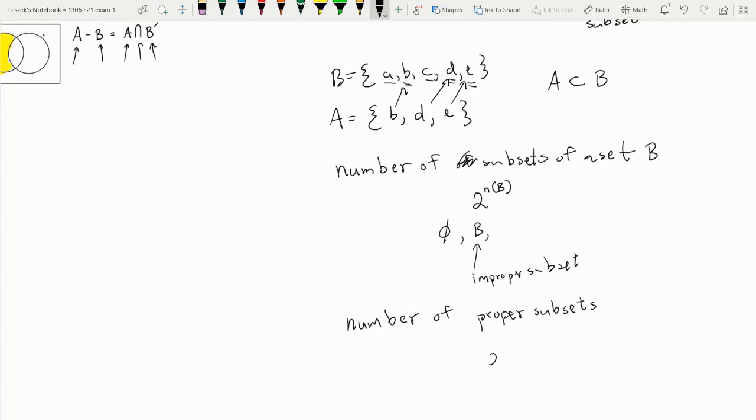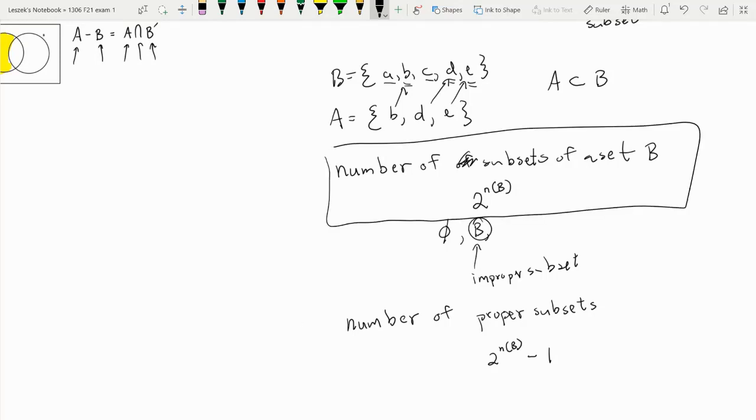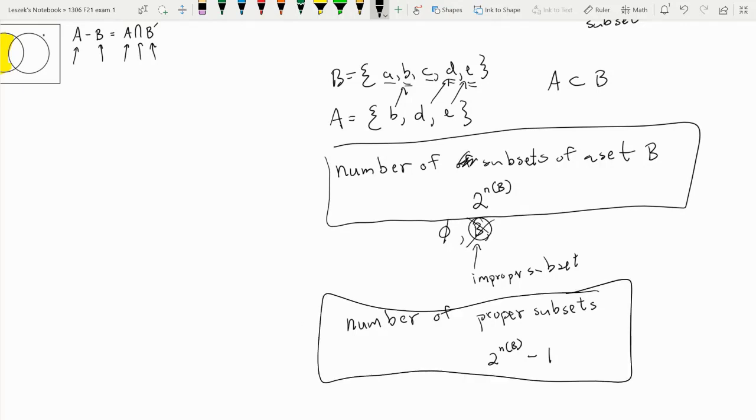So the number of proper subsets is exactly the total number of subsets, minus the subset which is B itself. So that's simple enough. If you remember the formula for the number of subsets, take away the one improper one, the silly one, and you get the number of proper subsets.